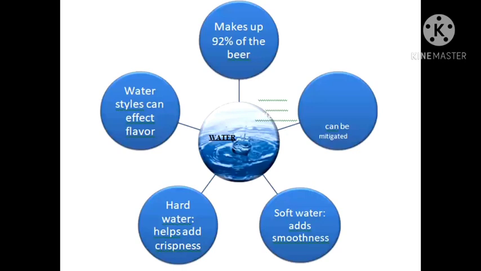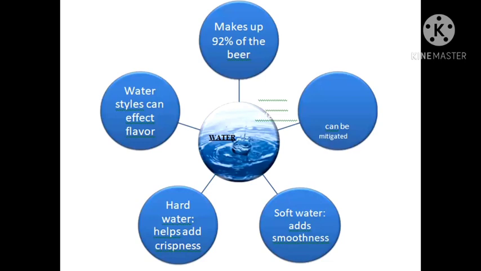Okay. As you can see here, there is another term. Water plays a very important role. Water makes up 92% of beer. Water can be modified. Soft water adds smoothness, yes of course. Hard water helps add crispiness.